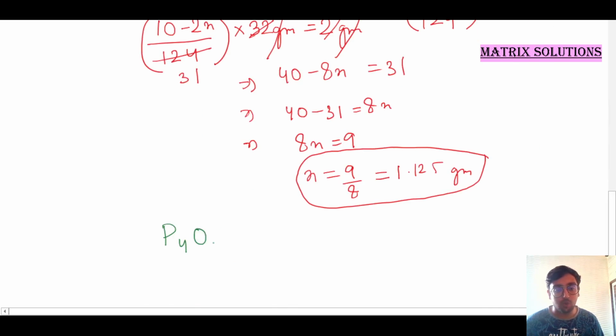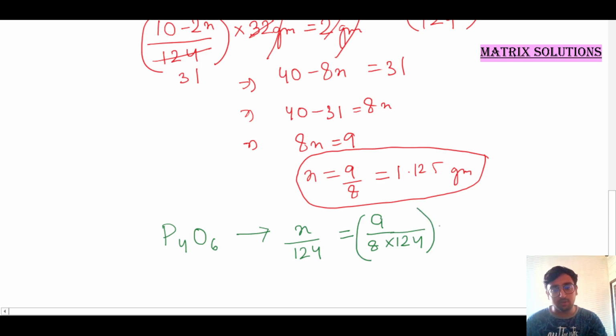P4O6, how many moles are formed? x by 124 moles are being formed, that is 9 by 8 into 124. Okay, this number of moles. And what is the weight? Again the same concept: the number of moles into its molecular weight. What will be its molecular weight?